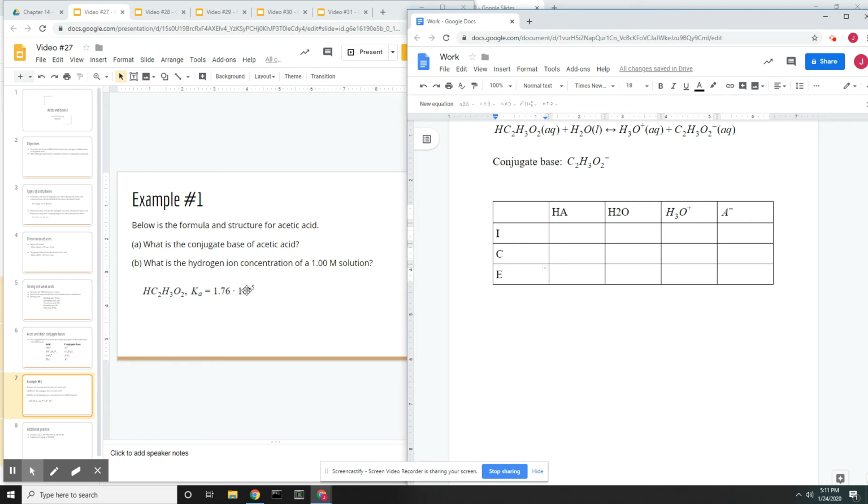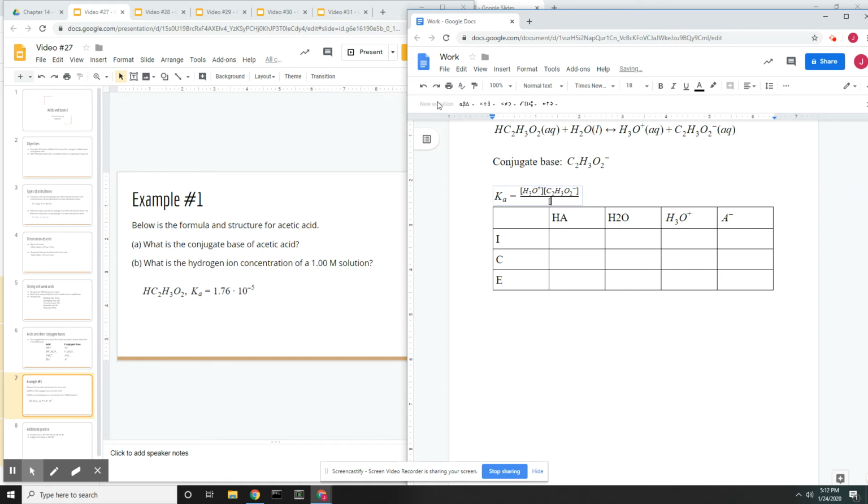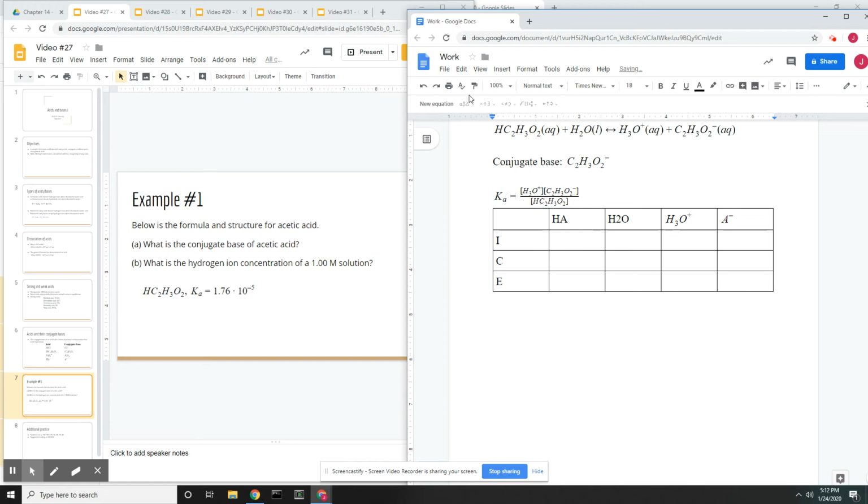Okay. So notice how the equilibrium constant was given in this problem. So before I actually do that, I'm going to go ahead and write out the expression for Ka. Notice how I don't put water in there, and the reason why I don't do that is because water is a liquid.